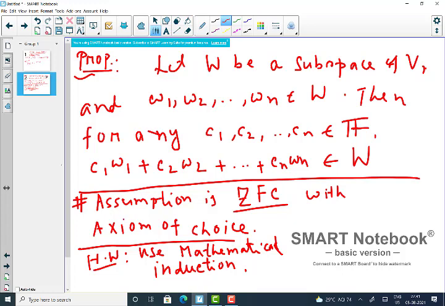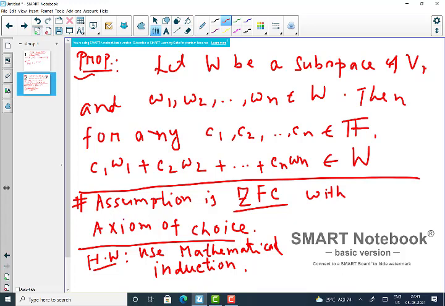Suppose there are n vectors w1, w2, up to wn, and constants c1 up to cn, such that the sum is inside W. You can write this as an element, say x, and then if we add one more element w(n+1) with a constant, it will again be of that form, by the definition of subspace. So this proof is simple by mathematical induction. This is just a property I will use somewhere in future, so I am telling you.